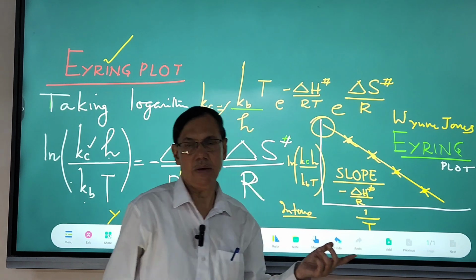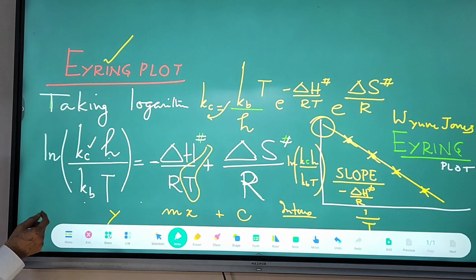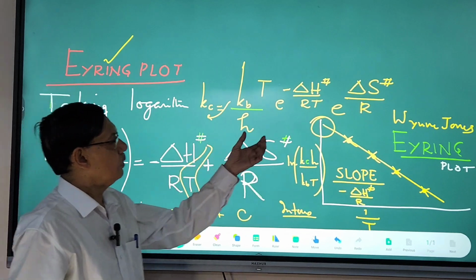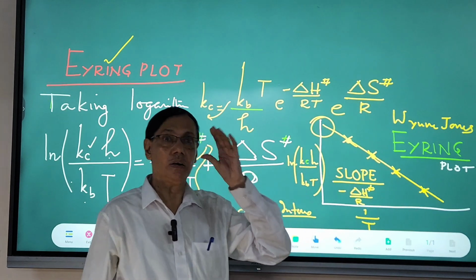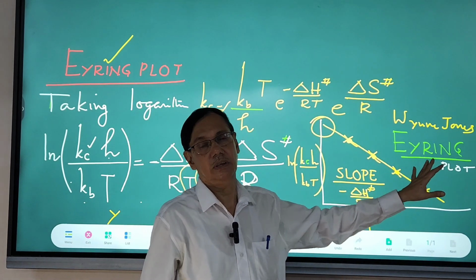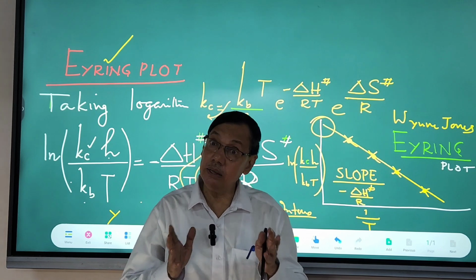So if time permits or in homework, you can perform such type of plot, say for example K25, K35, K45, K65. This equation is sometimes called the Wynne-Jones and Eyring equation, but major contribution is from Henry Eyring. So therefore it is called Eyring plot, or sometimes the Eyring equation.